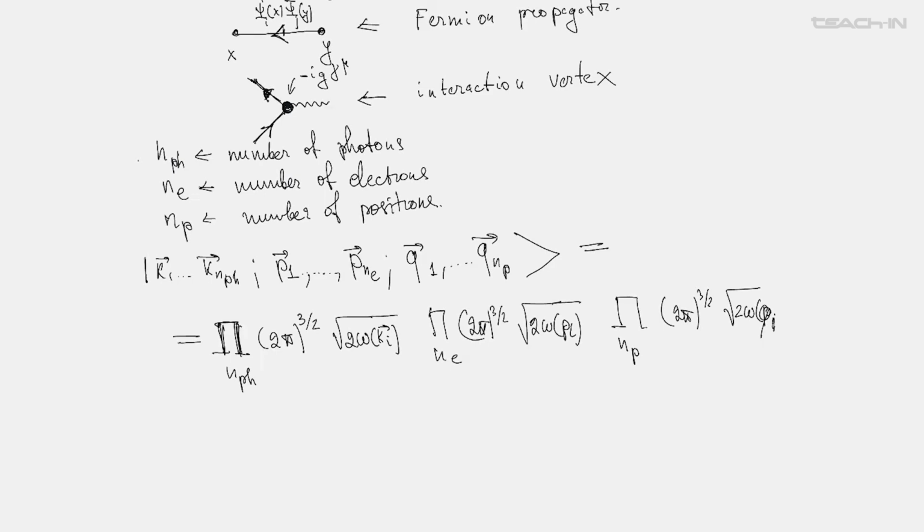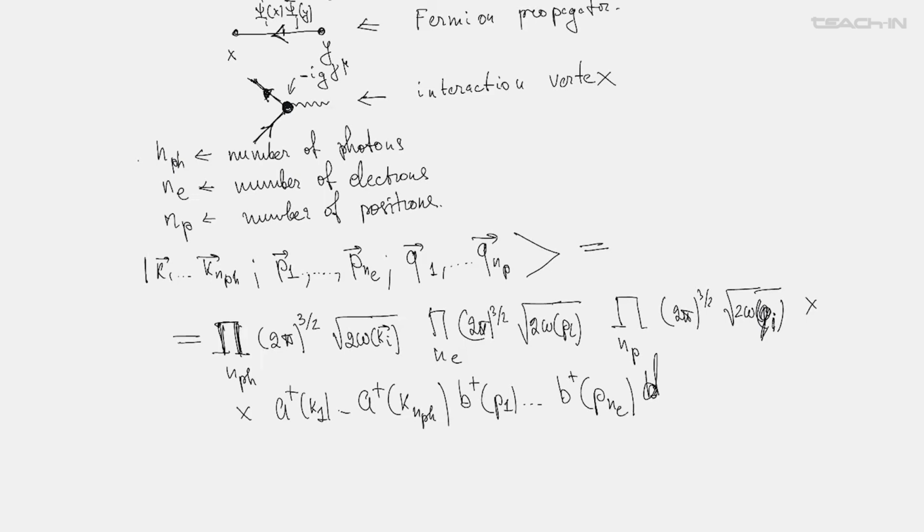So creation operators for photons, creation operators for electrons, and the creation operators for positrons, which are these: d dagger of q1 and so on, d dagger of q_p positrons, and then all acts on the vacuum.